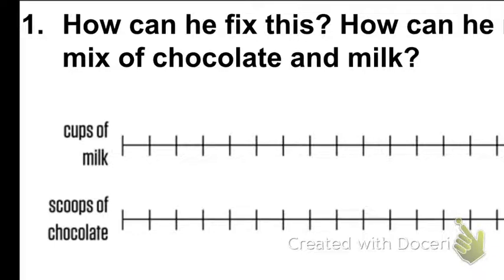Remember before, scoops per cup. 16 cups in a gallon. So it's 4, also, so 2 cups of milk and 8 scoops.